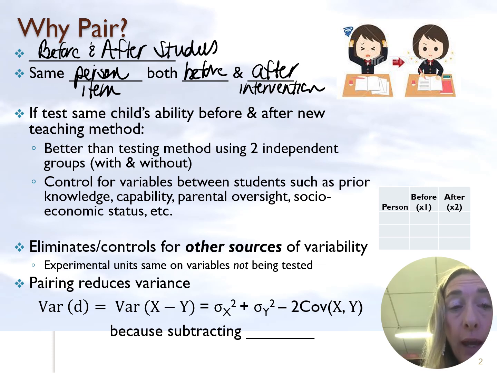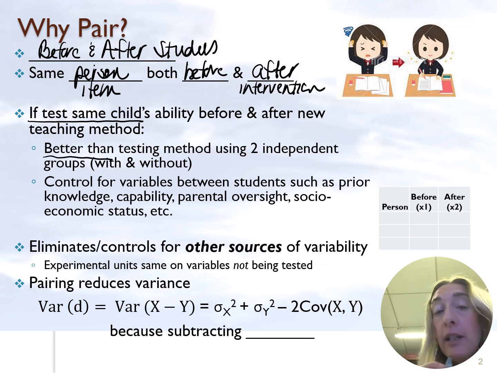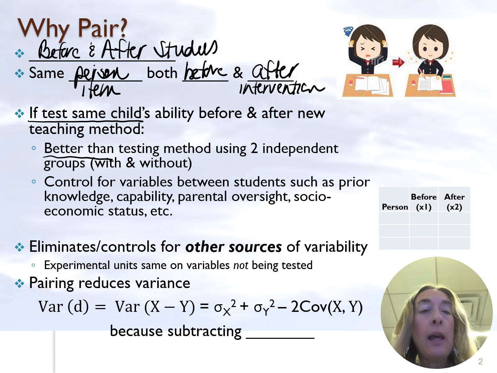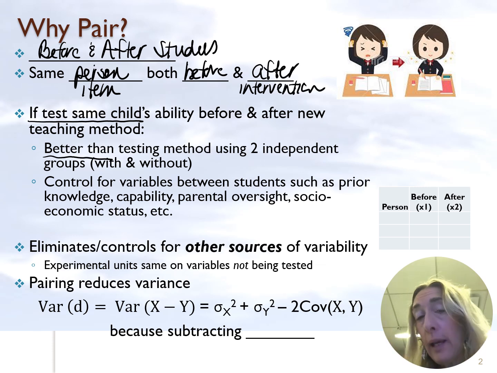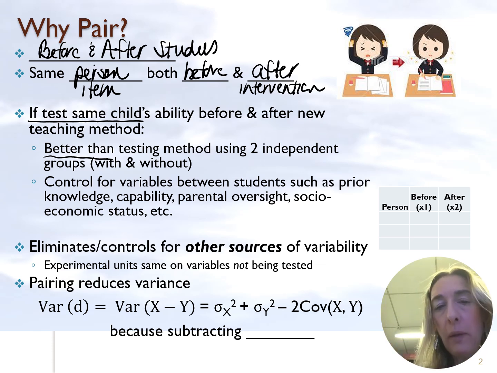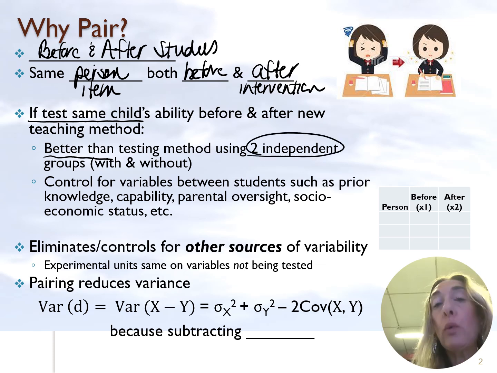If you're able to do that, that's better than testing your method using two completely independent groups of students that have different students in each, in which you may test one group with your method and then compare that to a second group in which you didn't use your method. Pairing is better than using two independent groups.